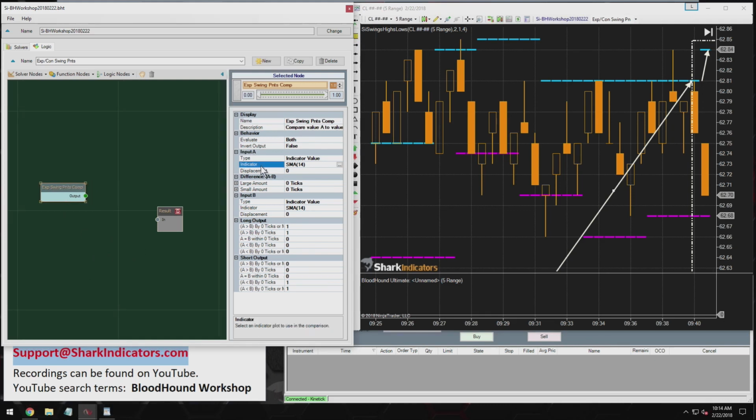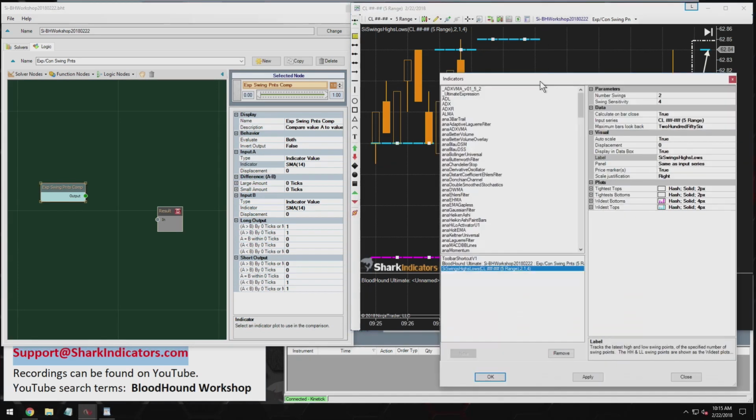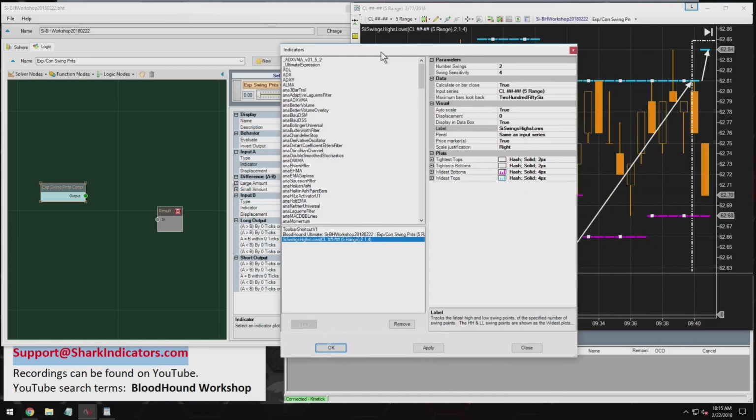Next step, we're going to plug in the swings highs lows indicator. I already had this indicator on my chart, so let me give you guys a look here. We're using the SI swings highs lows, right?